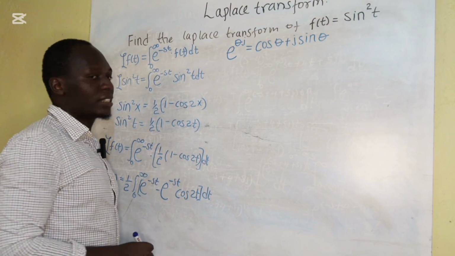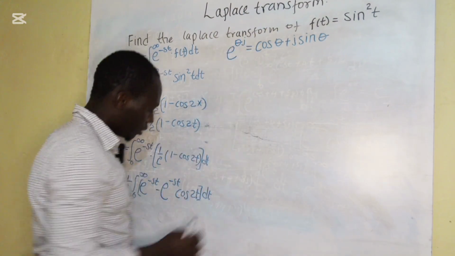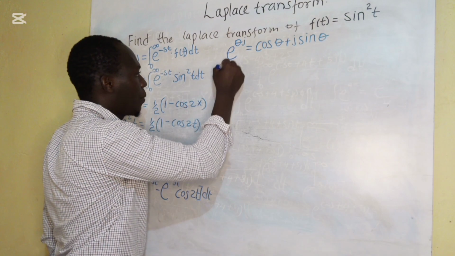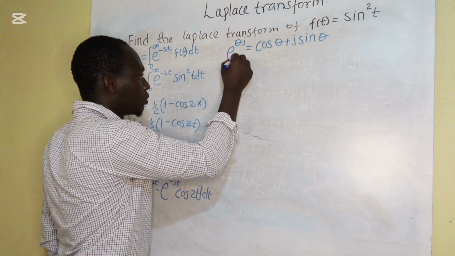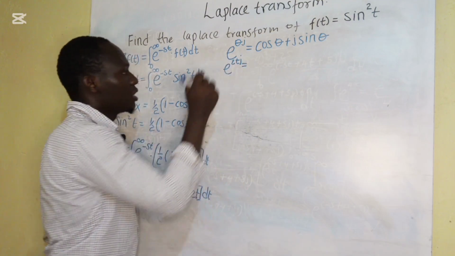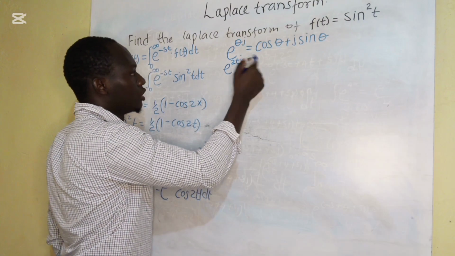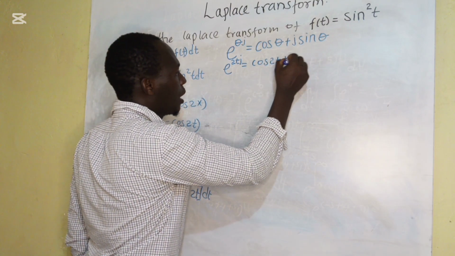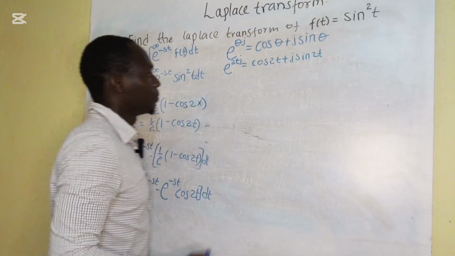This is the complex number formula, whereby our angle theta is going now to be equals to 2t, and here we are going to have exponential 2tj, because this is the angle theta, 2t, j cos 2t we add to j sine 2t.